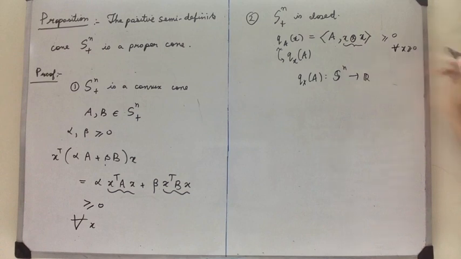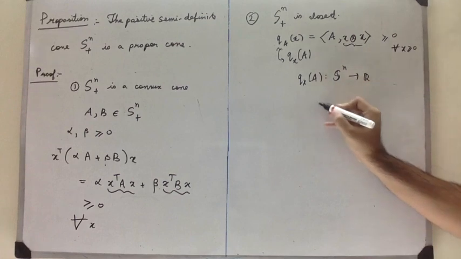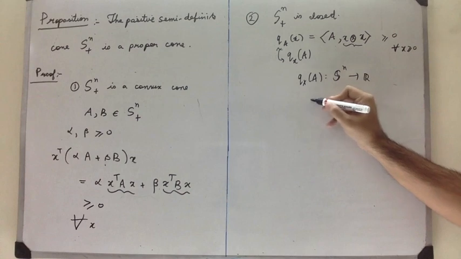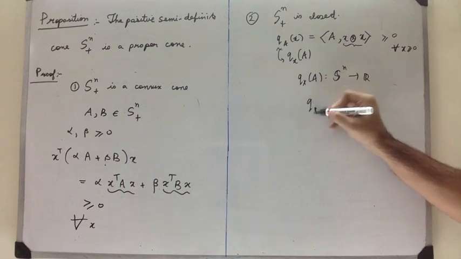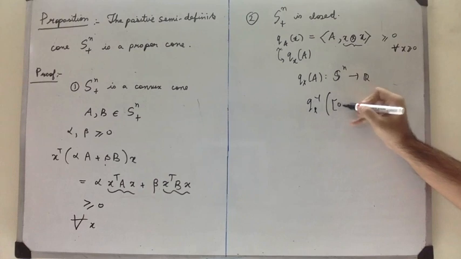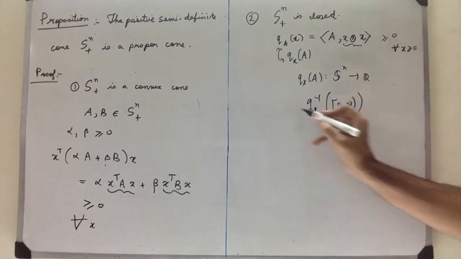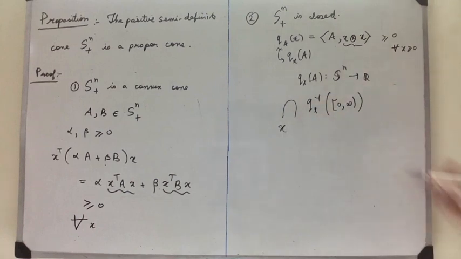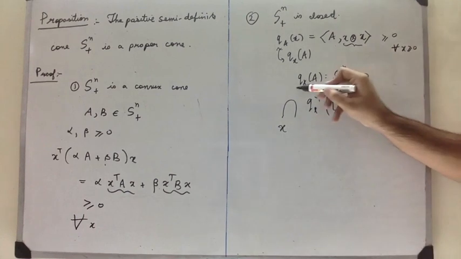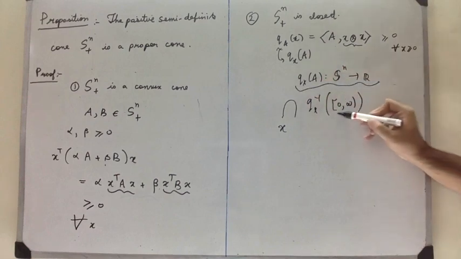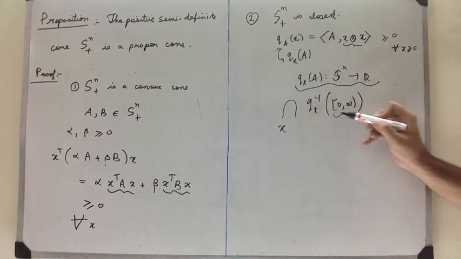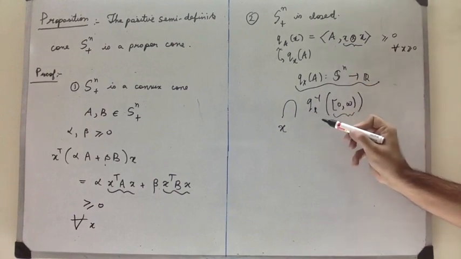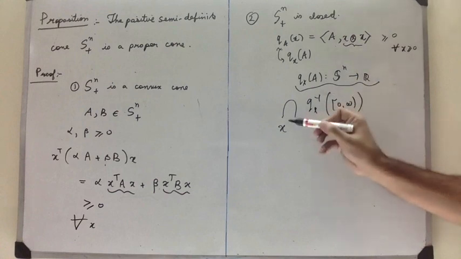Therefore, what you're looking at is the intersection over x of Q_x inverse of [0, infinity). I'll explain. This Q_x is a continuous map, and this is a closed set. Because Q_x is continuous, the inverse image of a closed set is closed.